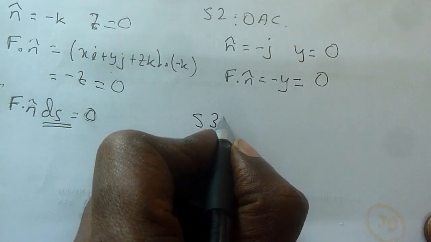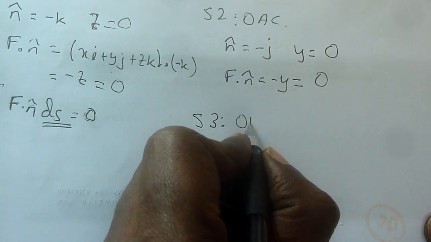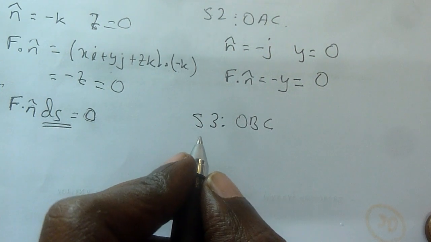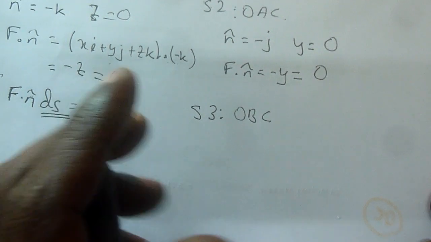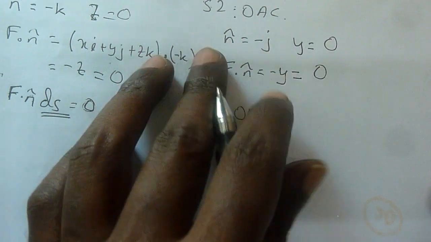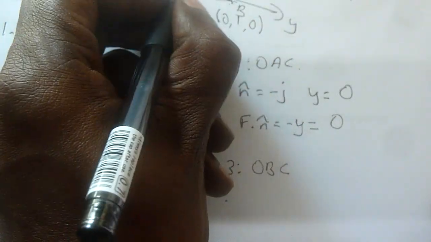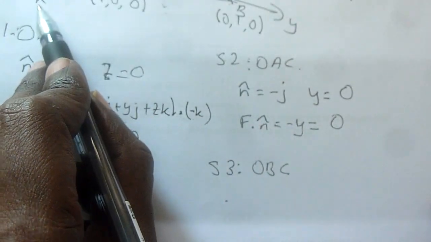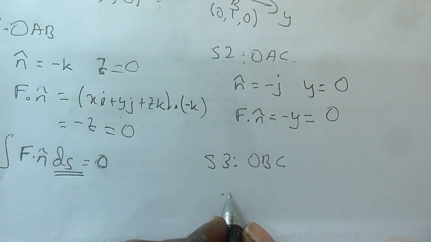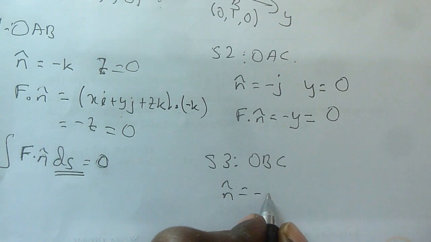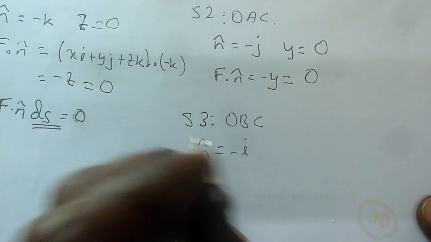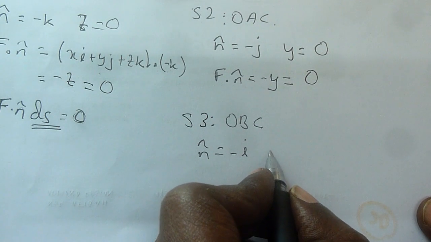What about S3, which is OBC? Okay? Let's say we try with that again. OBC is pointing towards this, which is x negative here, and it's a negative i. Same thing.